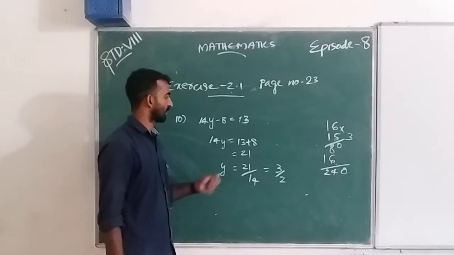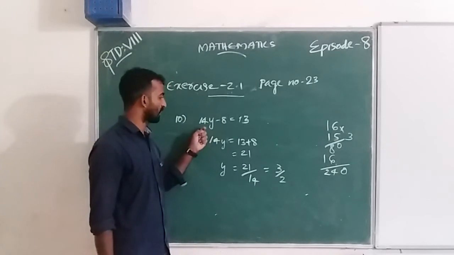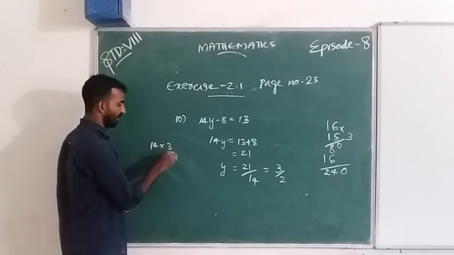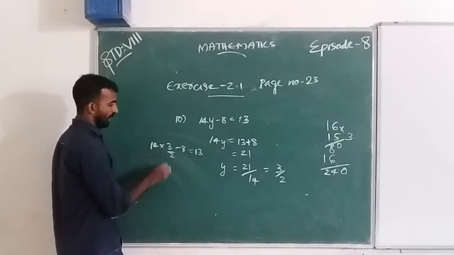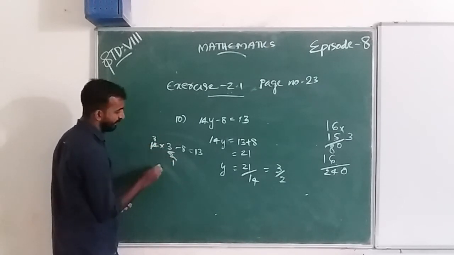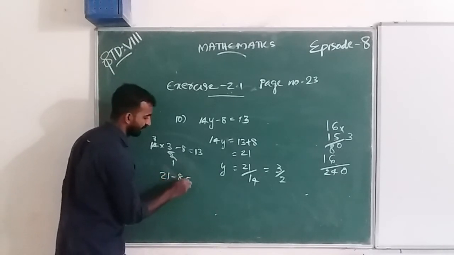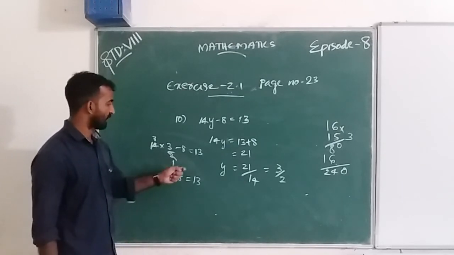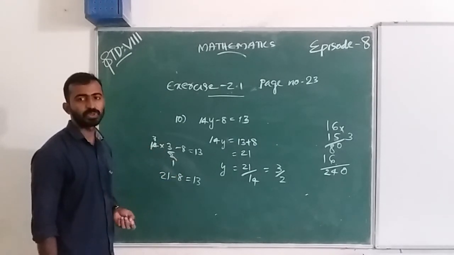When we give the values here, we can write 21 minus 8, we get 13, that is equal to RHS. That is also equal.